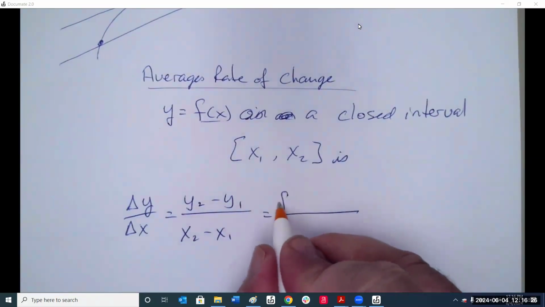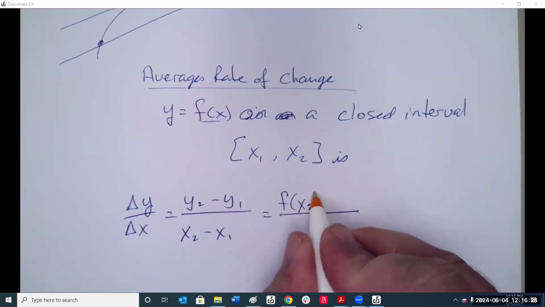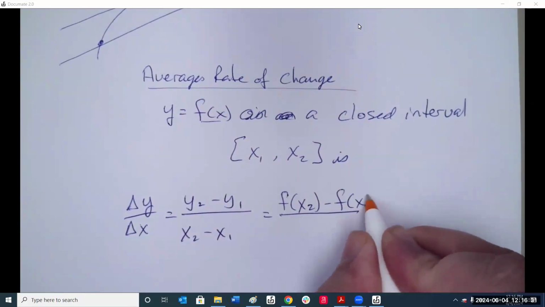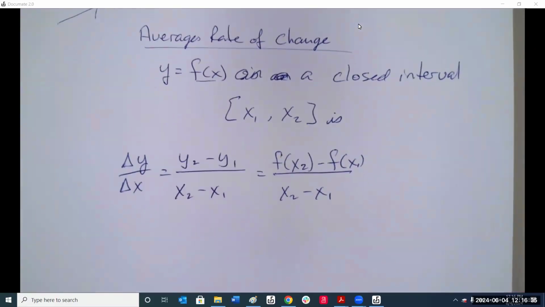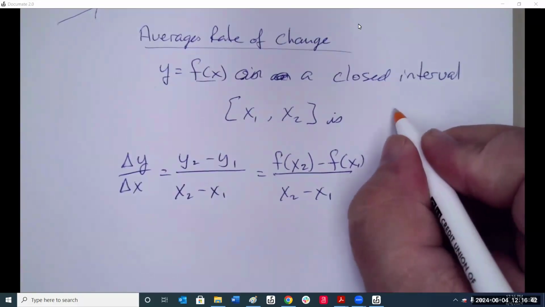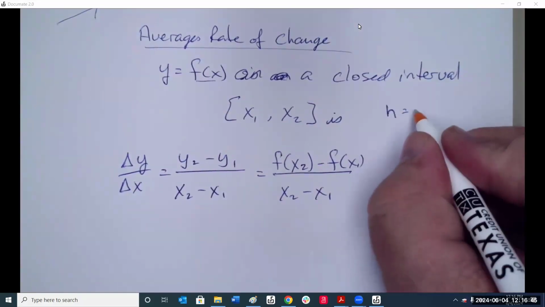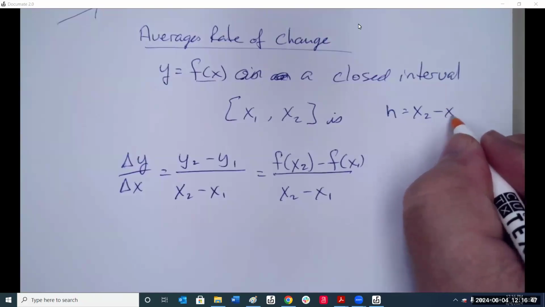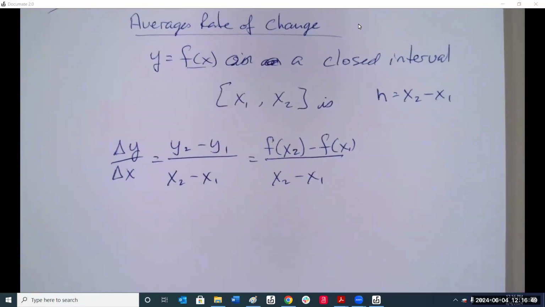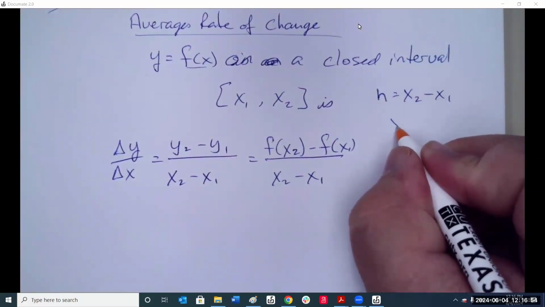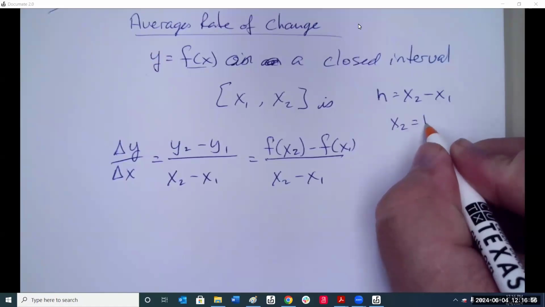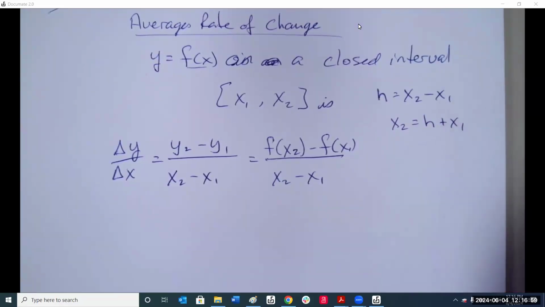And that's from algebra. And h is the distance between x2 and x1. So it defines x2 as being h plus x1.